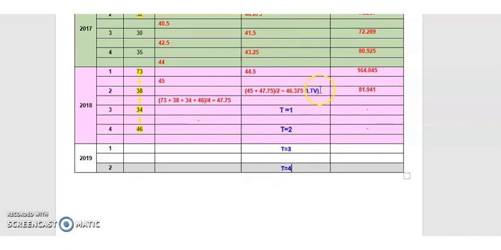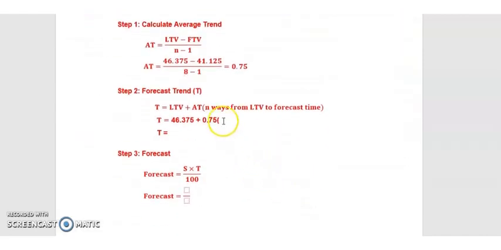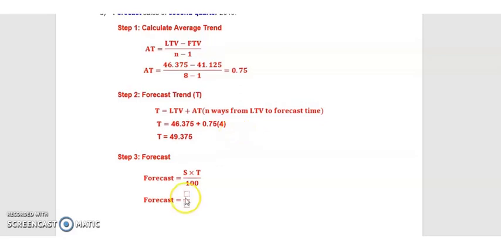So the n ways from last trend value to the forecast time is t equals 4. Substitute t equals 4, then the forecasted trend value for second quarter of 2019 is 49.375.